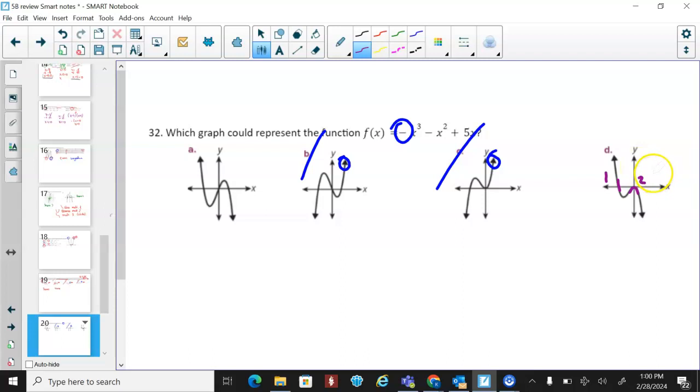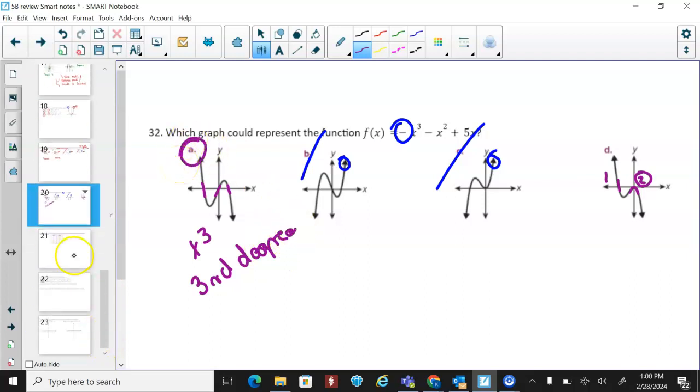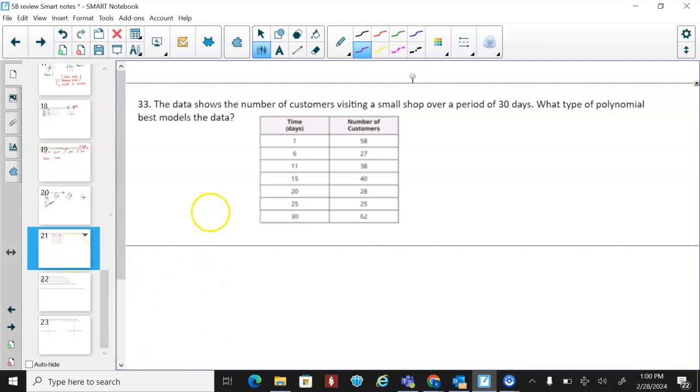So that makes it a 3, but it could be more than 2 here, so we don't know that. But here we got a 1, a 1, and a 1. So that's definitely a cubic function, a 3rd degree function. So it's A.